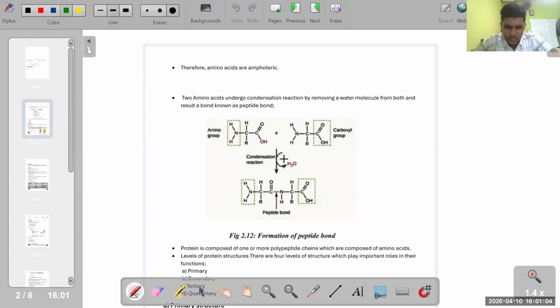Those groups are removed, and these two are joined. By removing those two groups, they have made a bond, linking two amino acids. Can you see?